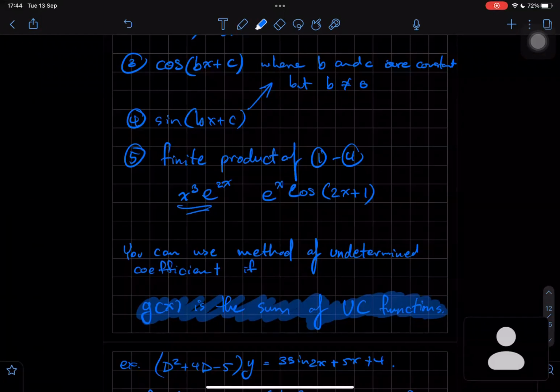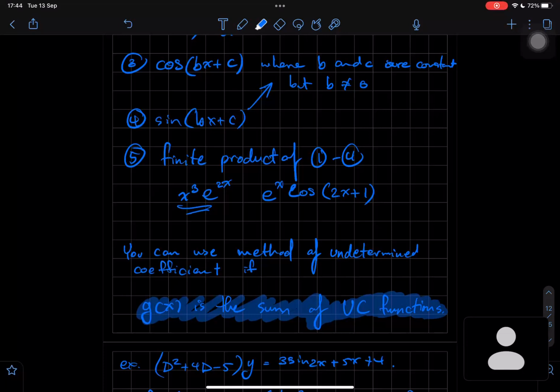Okay, so the next one is the variation method. For the variation method, I think you will see only the second order.